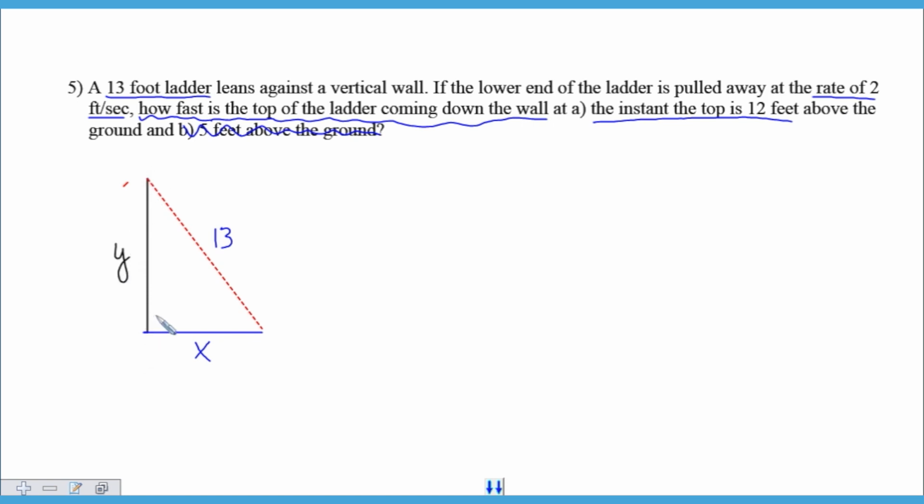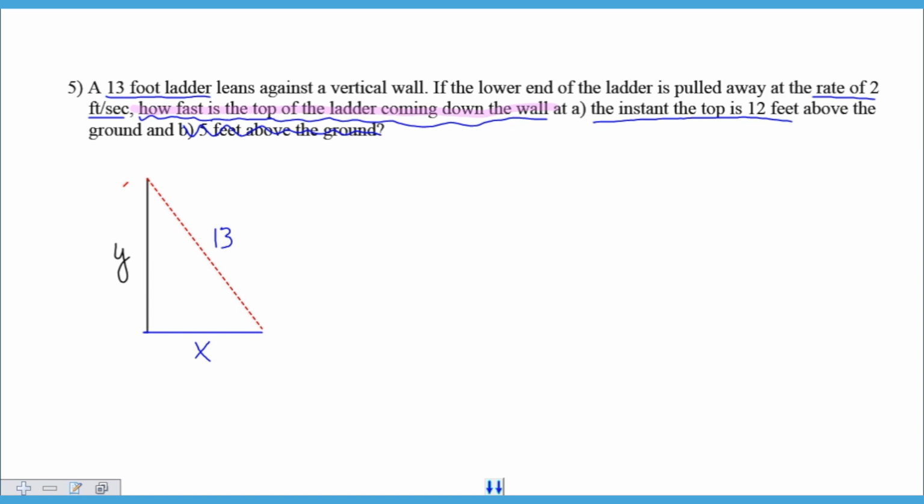So our job is to write a formula that relates all the things that we know and what we're trying to find together. So now that I've labeled this, let's write down what I do know. This is what I want to know, let me highlight that. How fast is the top of the ladder coming down the wall?